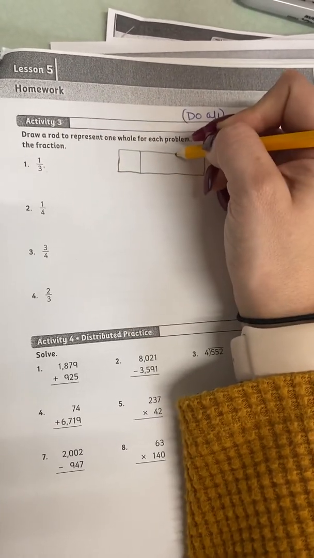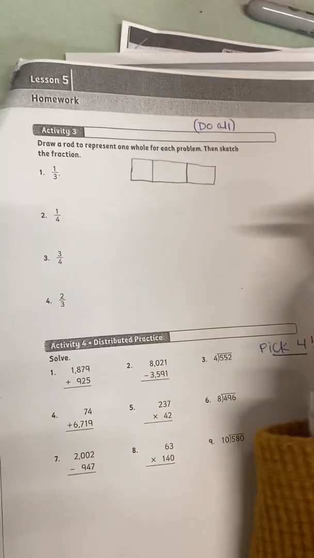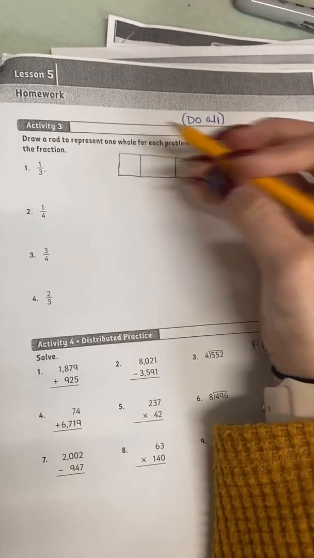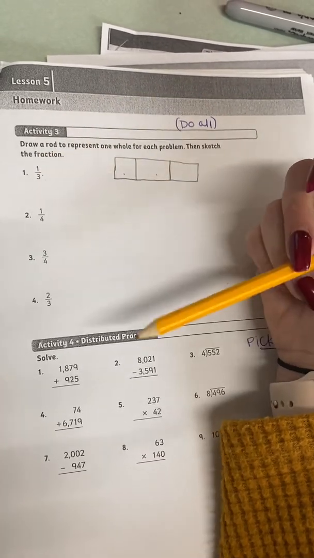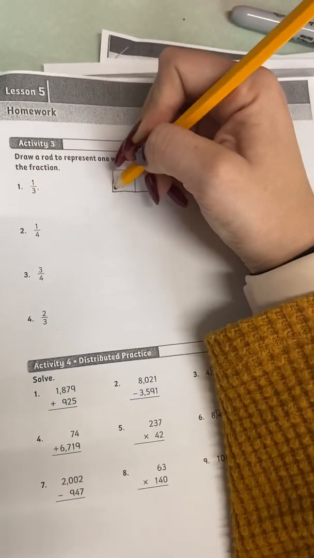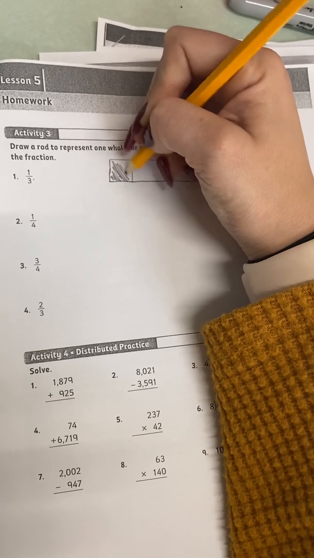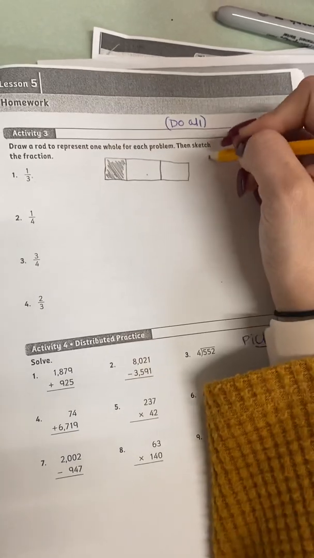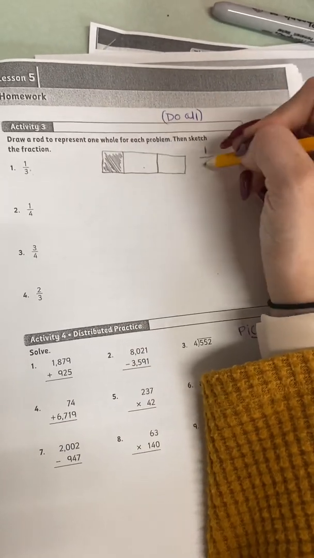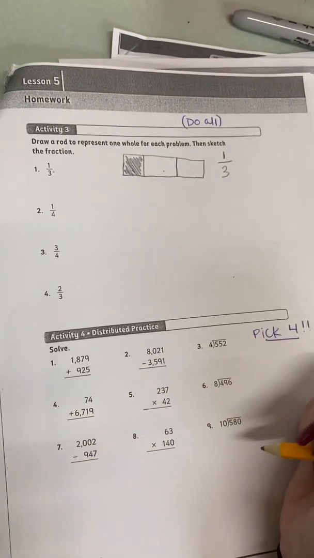So we want to see 3 parts in our rectangle. 1, 2, 3. Then we want to show one of those 3 parts. So I'm just going to draw a shaded area on one of the 1, 2, 3 parts of the rectangle.